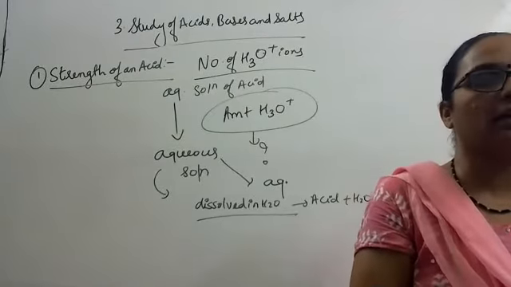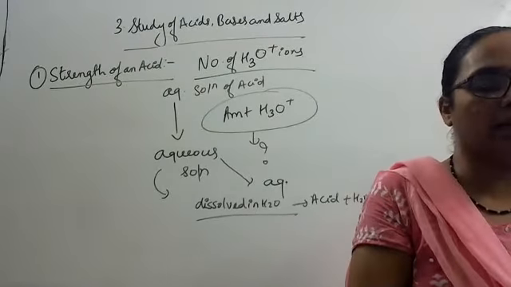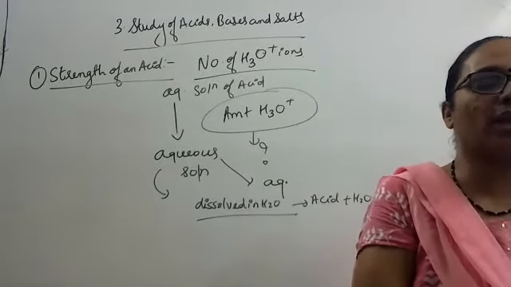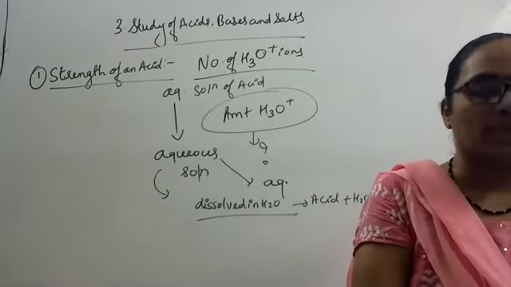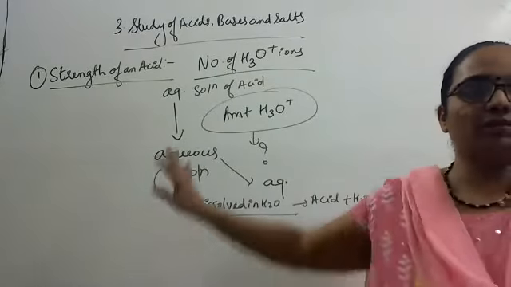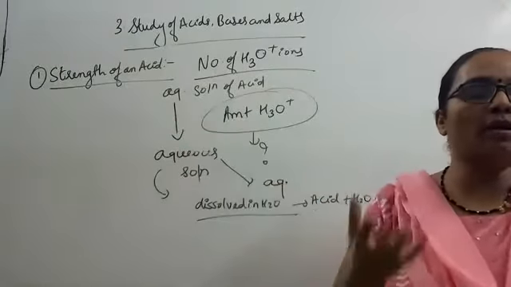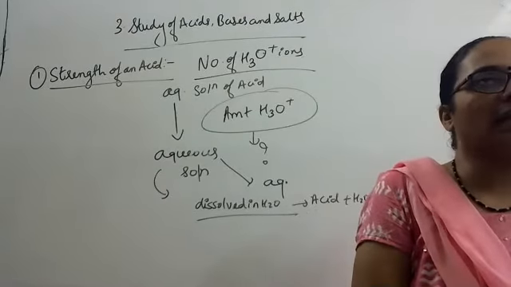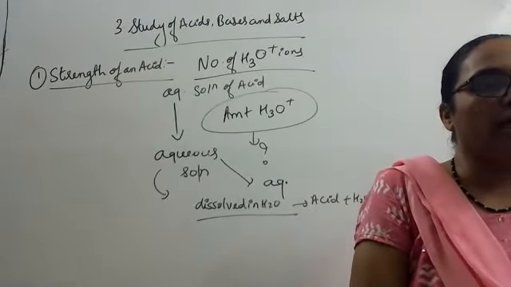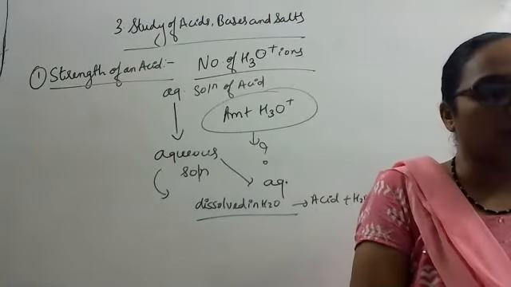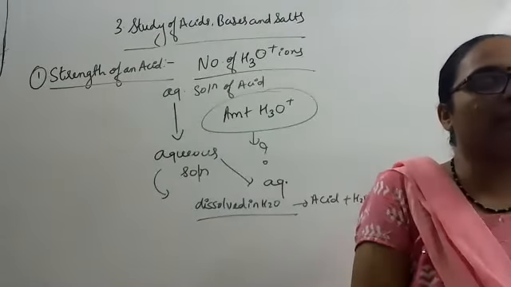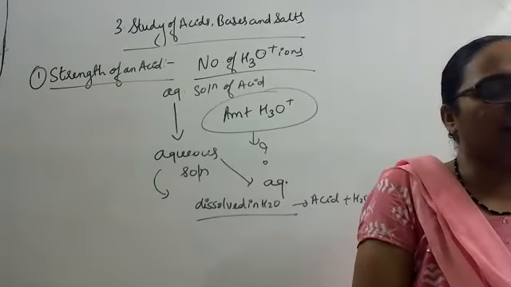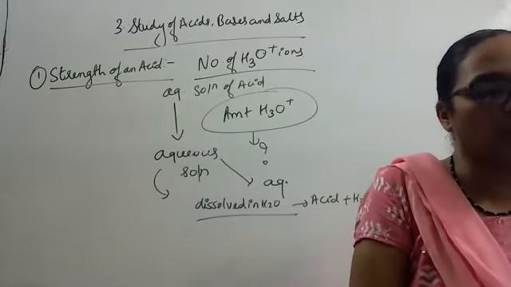Basicity of the acid: monobasic, dibasic, tribasic. Basicity means how many hydrogen ions are present in that acid. Strength means, as we have just seen, how much amount of hydronium ions the acid will form in its aqueous solution. Aqueous solution is represented by AQ, meaning any substance dissolved in water.